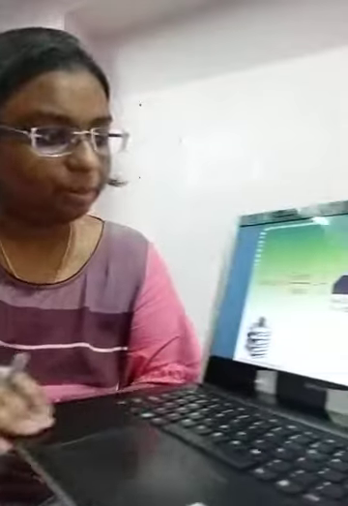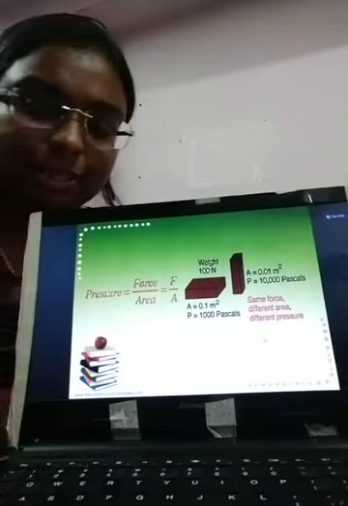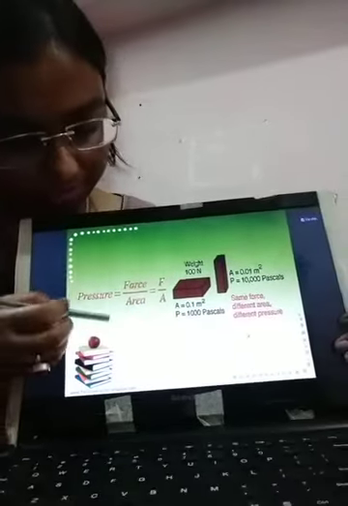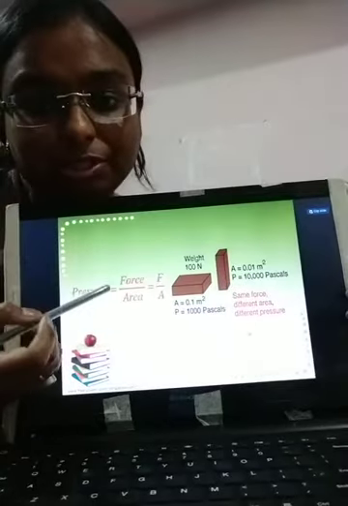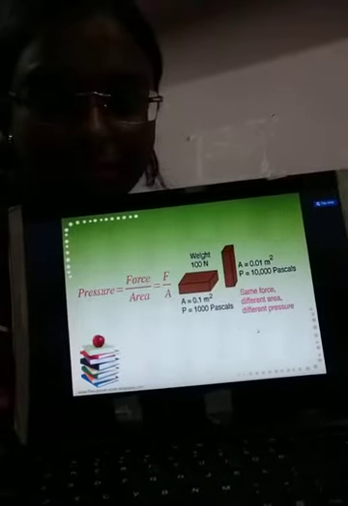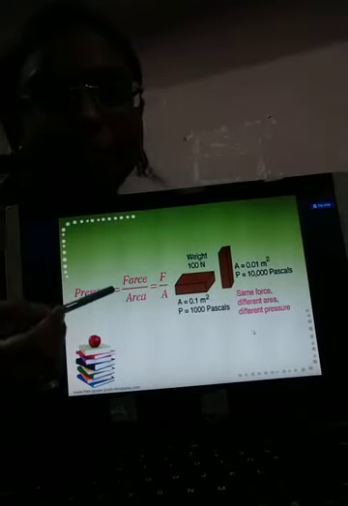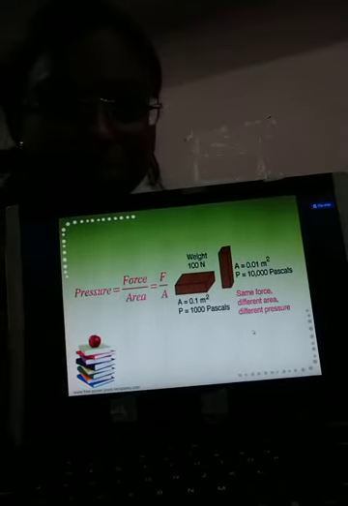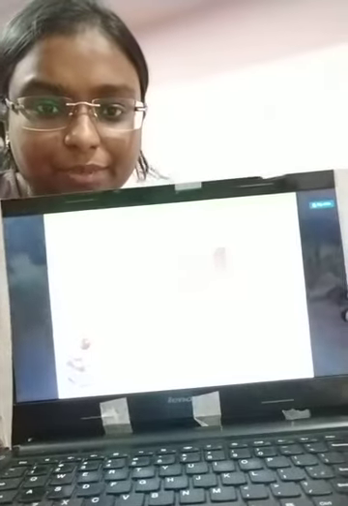Okay. So let's go back to our previous class once again. In our previous class, we have seen the definition of pressure. So pressure means force by area. So here we can see that pressure is directly proportional to force and indirectly proportional to area, right?